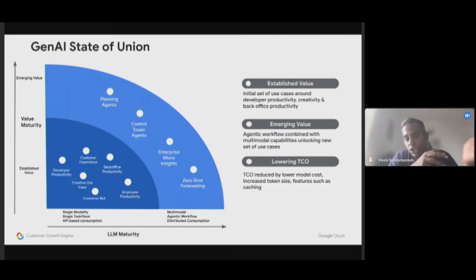The second thing that's changed is the lower TCO. A lot of you have seen the announcement, but the TCO has been reducing exponentially at a per model token size level.